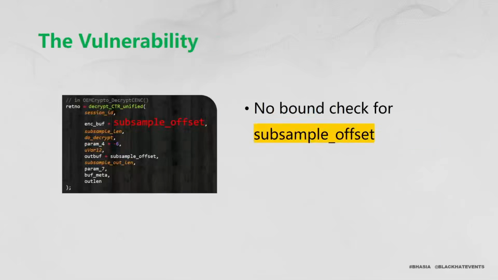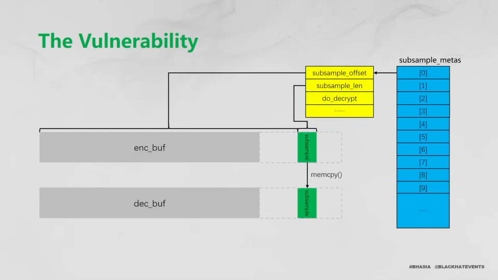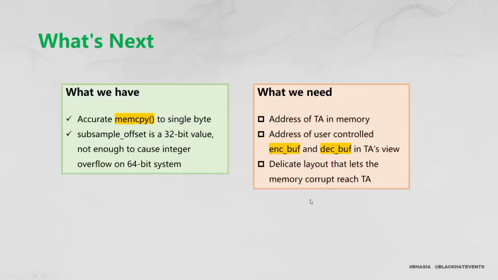Here it is. For the subsample offset, there is no bound check on it. So with no bound check, the offset can be very big, and we can make a copy from an offset in an overflowed place to another place. So we have got a vulnerability.